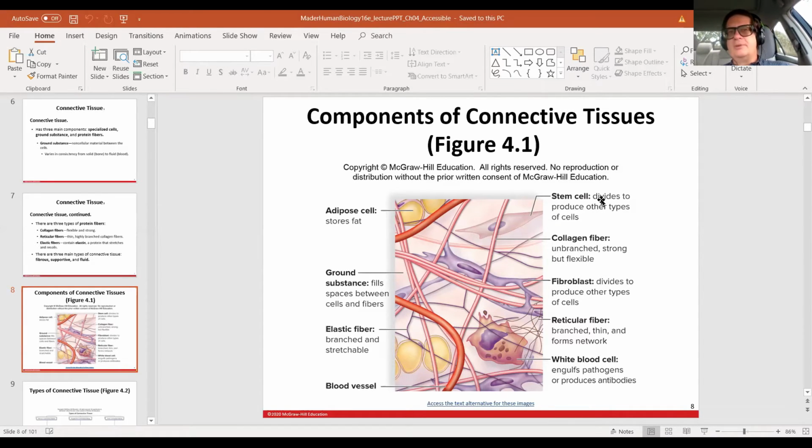Well, you break a bone, you're going to have to grow new cells to fill in that bone. Same thing with any tissue. You try to replace broken, damaged cells with new cells, you're going to need stem cells to grow. Collagen, strong, flexible, but big, stiff girders.